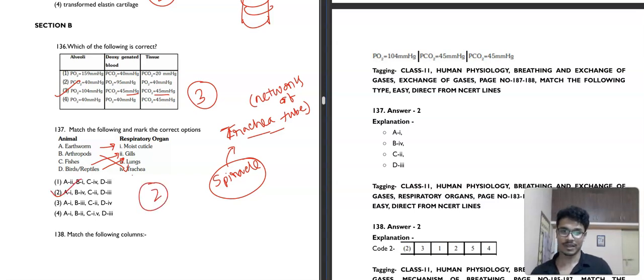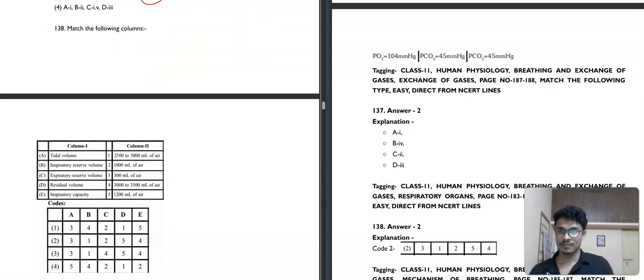Then question number 138. Match the following columns. All this is given. Tidal volume, you know, is 500 ml of air. Then inspiratory reserve volume is 2500 to 3000 ml of air.